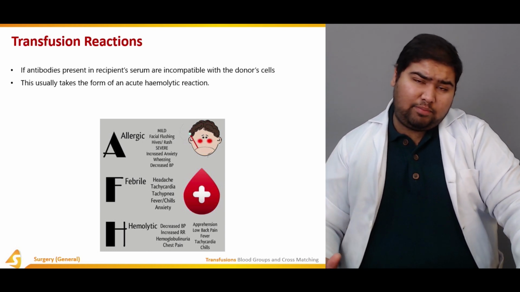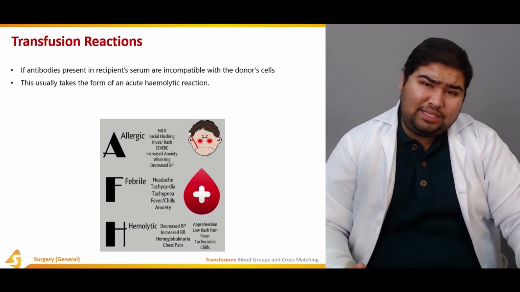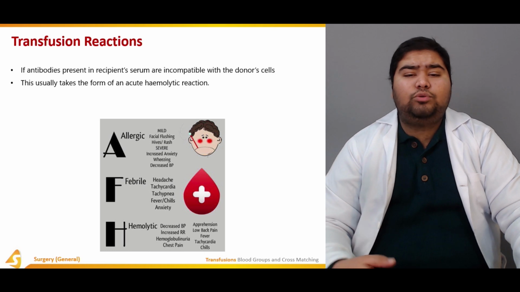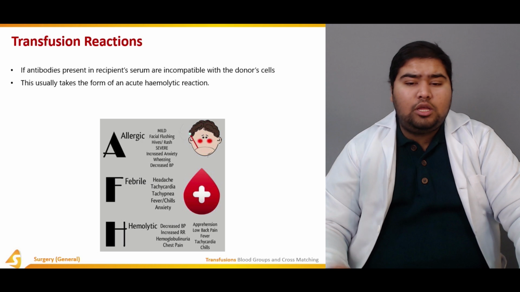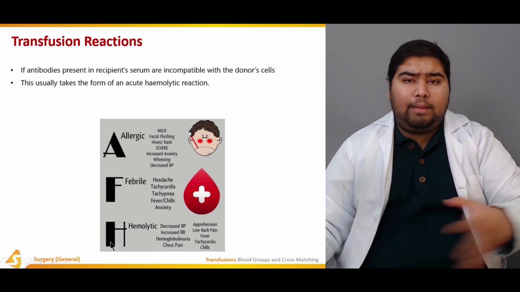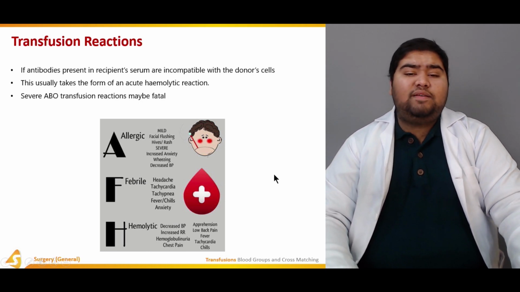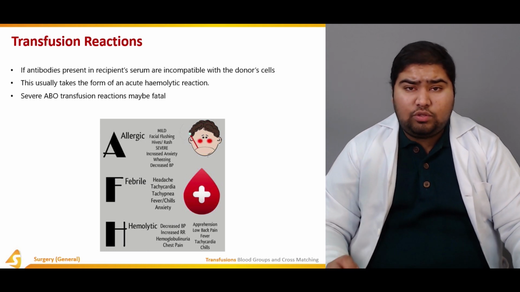These antibodies attack the transfused cells, and as a result the transfusion reactions develop. This usually takes the form of an acute hemolytic reaction. We have seen the hemolytic picture, in which there is a rapid destruction of the transfused red blood cells. Severe ABO reactions may be fatal.